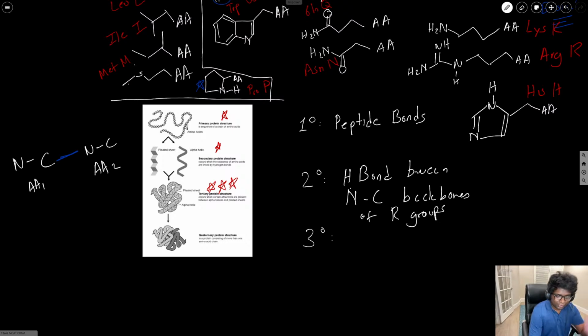Tertiary bonding. That's the 3D shape. I'll get to a way to memorize it in a second. But the 3D shape is associated with hydrogen bonding as well. It's hydrogen bonding between adjacent R groups.